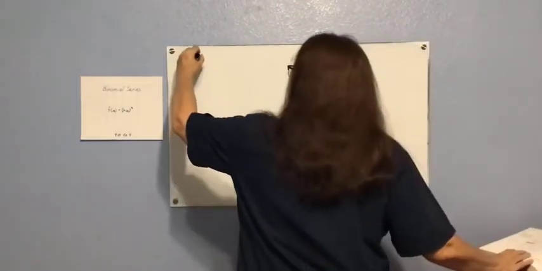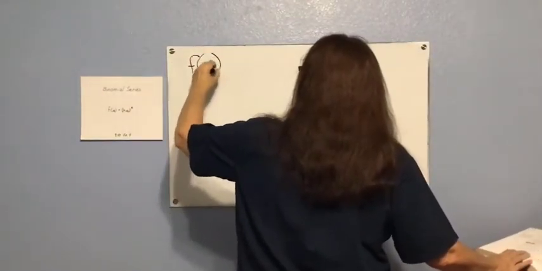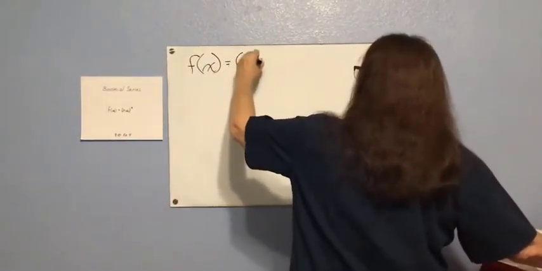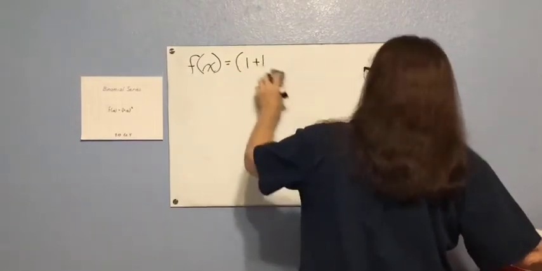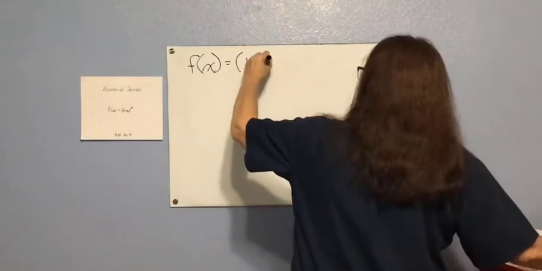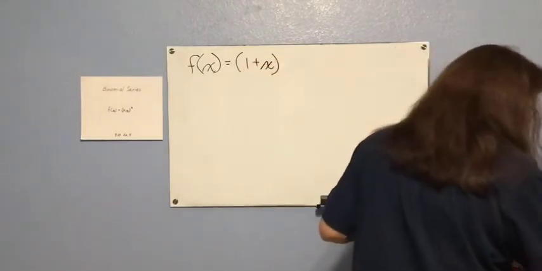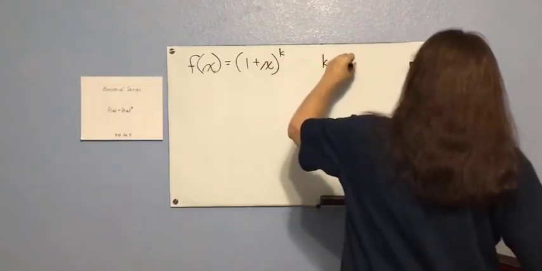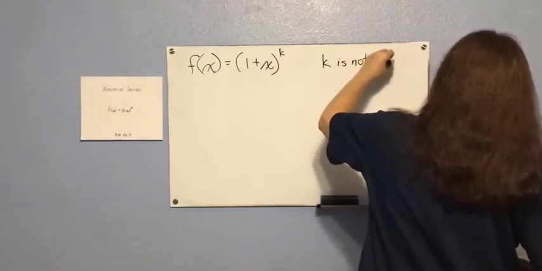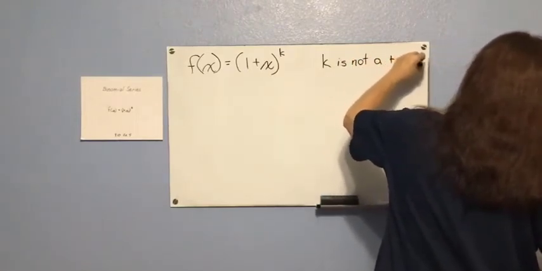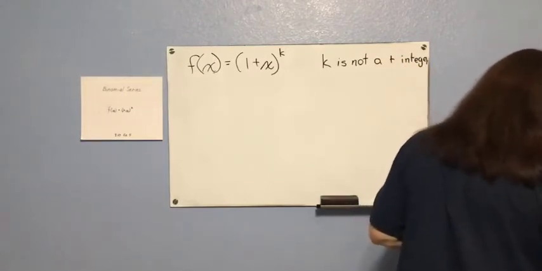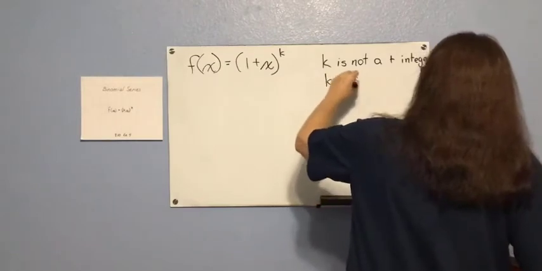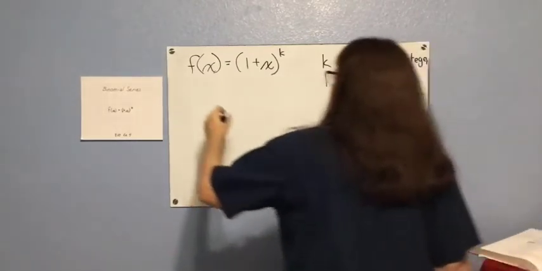If I have a function f of x equals 1 plus x to the k power, I'm going to say k is not a positive integer, and also that k is not 0. Let's look at some derivatives.